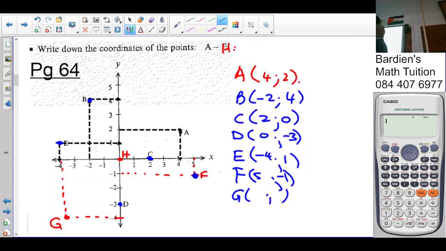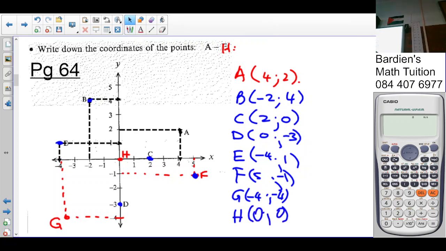Negative 4. G. H. 0. Yes. You see how easy this is?